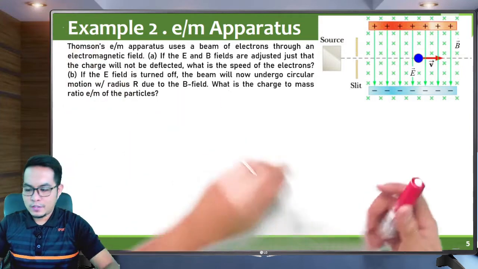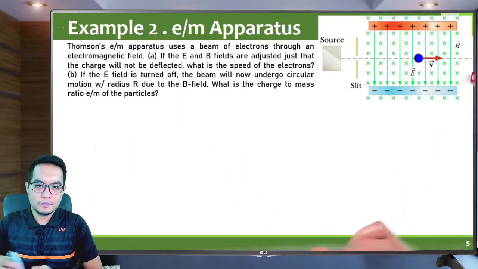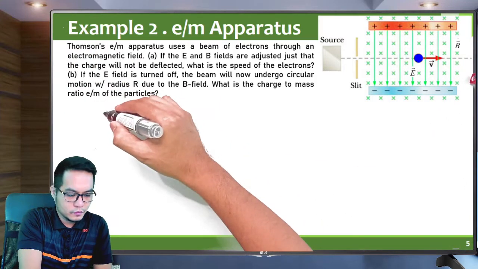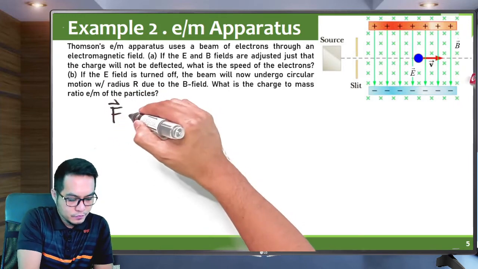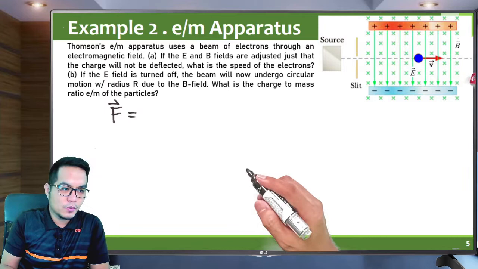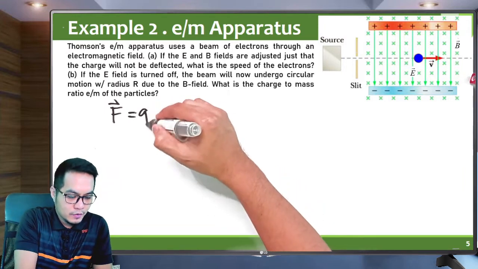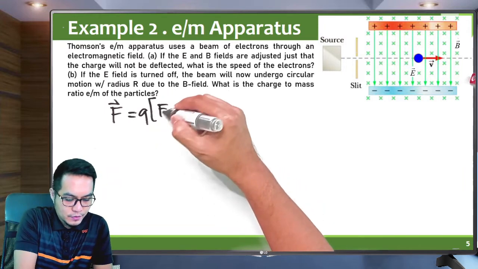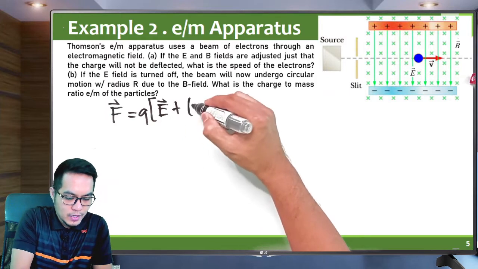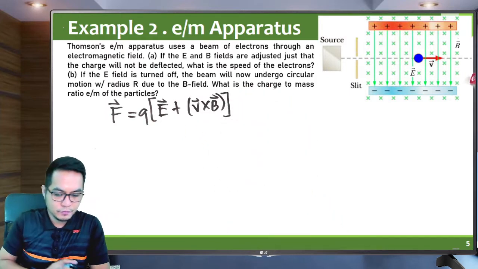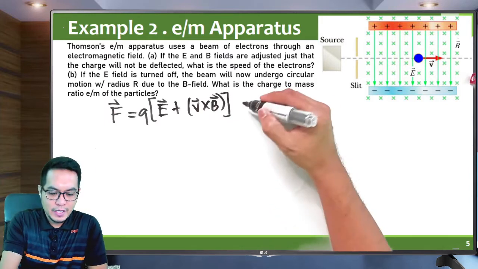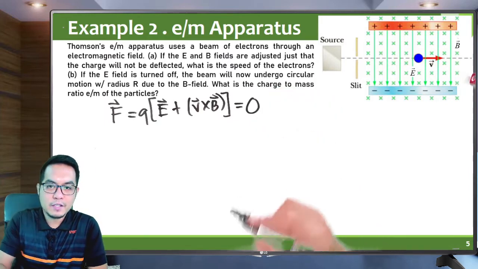Okay, so in this scenario, the total force will actually be due to the electric force plus the magnetic force. And in this case, the total force, or the Lorentz force, is 0.